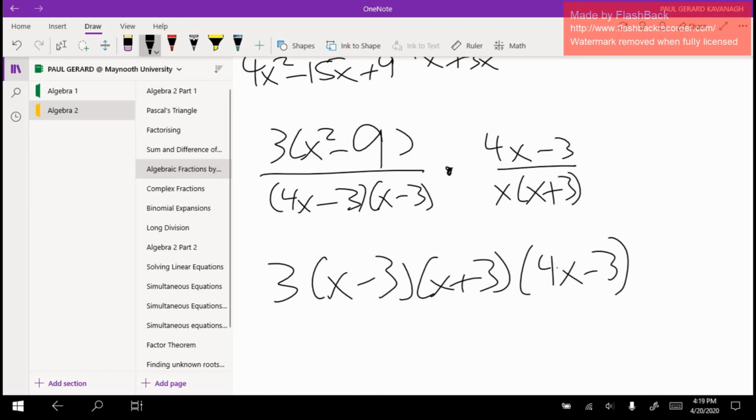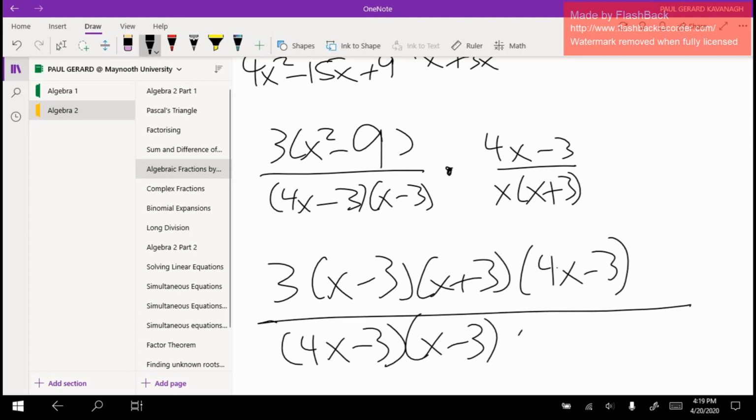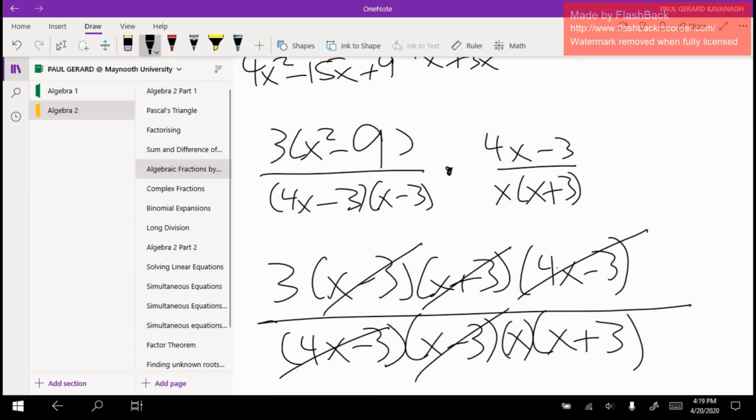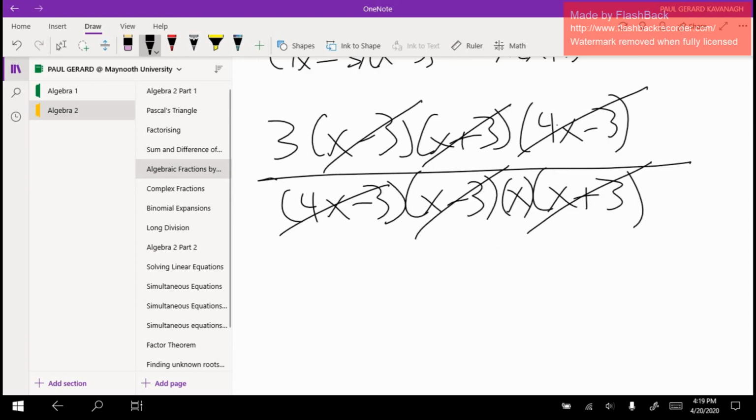You have your denominators, x minus 3 and x plus 3. Actually, look at this, the terms are going to cancel out. We have an x minus 3 and an x minus 3, an x plus 3 and an x plus 3. Now you write this.